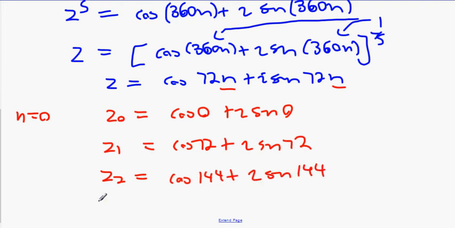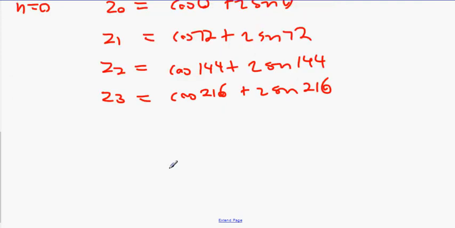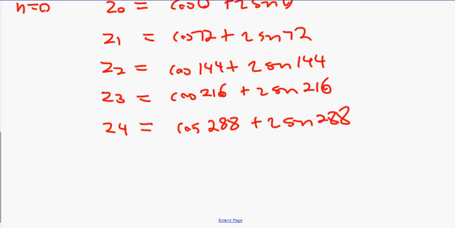It wants 5 roots, so z3 is cos 216 plus i sin 216. And then plus another 72, it's cos 288 plus i sin 288. Now there are our roots.